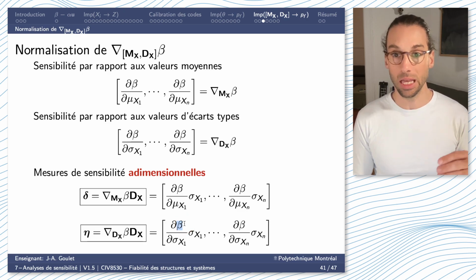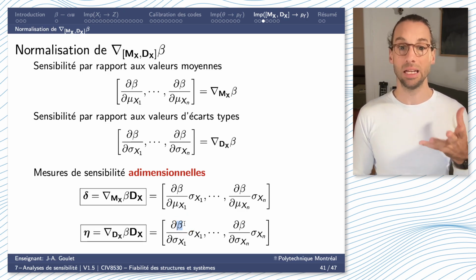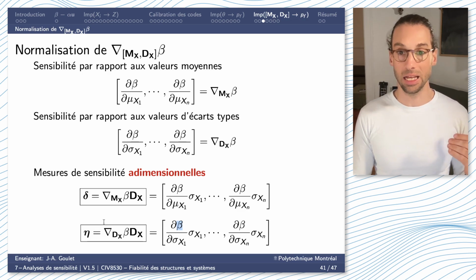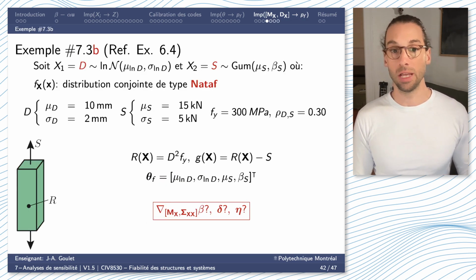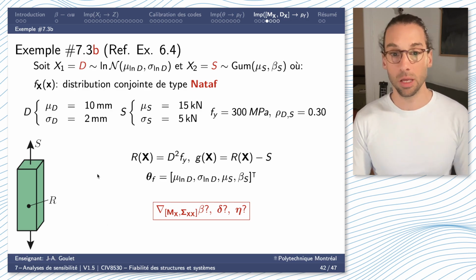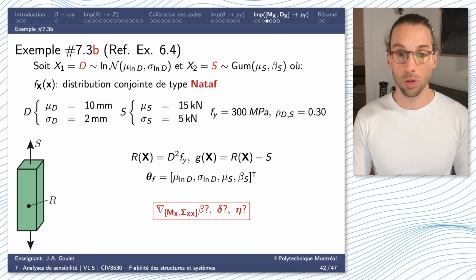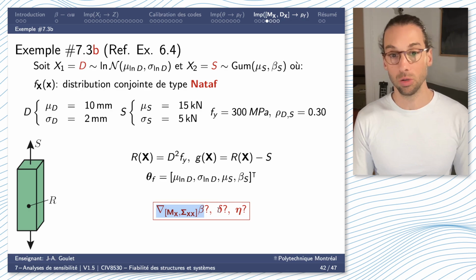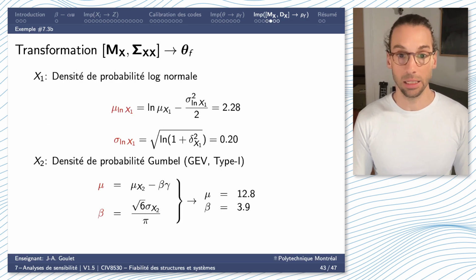So it's going to be much easier to directly interpret these delta and eta than the gradient vector we had previously. So now we use these new concepts to evaluate the sensitivity with respect to mean and variance, and also with respect to my n-dimensional quantities delta and eta.